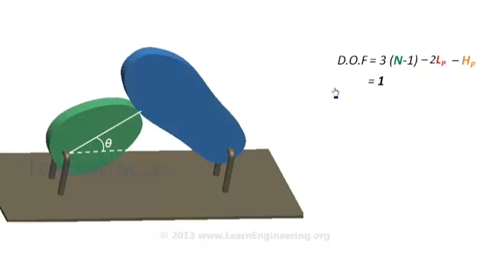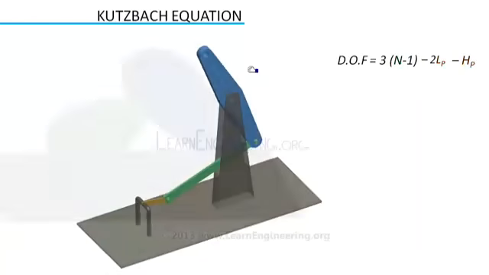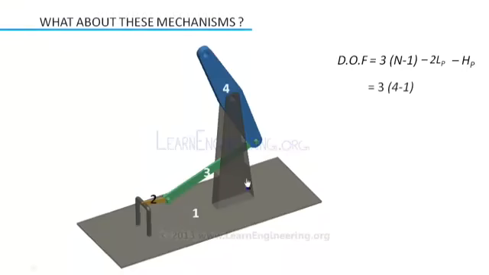So this is the equation to find out degree of freedom of a planar mechanism, known as Kutzbach equation. Back to same old planar mechanisms. This mechanism is having 4 links, and 3 lower pairs. So mobility is 1.